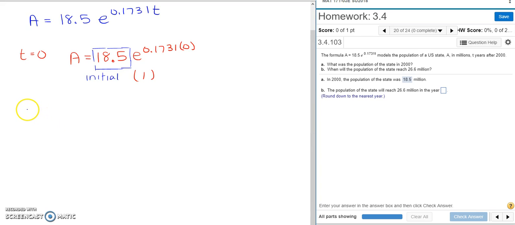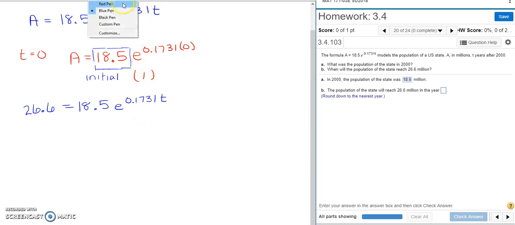Now they've given us that population, 26.6 million, and they're asking us to solve for T, to solve for the year. Now, these kinds of problems could be about just about anything. They're all going to work similarly when we're solving for something in the exponent.